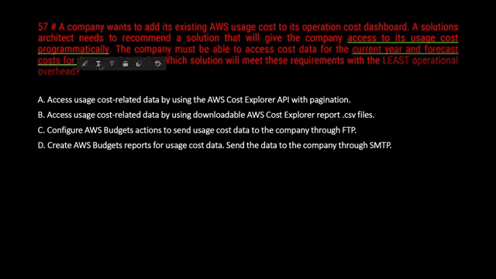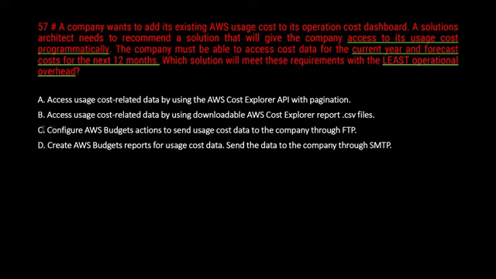Okay, so this is about costing, and we spoke about costing, and if you remember, if you want to access cost data for the current year and forecast, there is only one tool that does it, which is the Cost Explorer. So that will eliminate this, as it has no Cost Explorer.